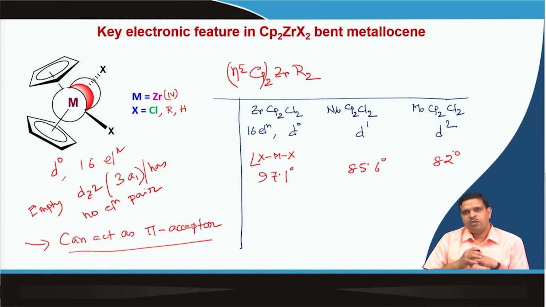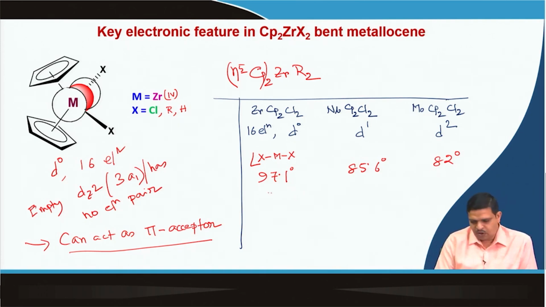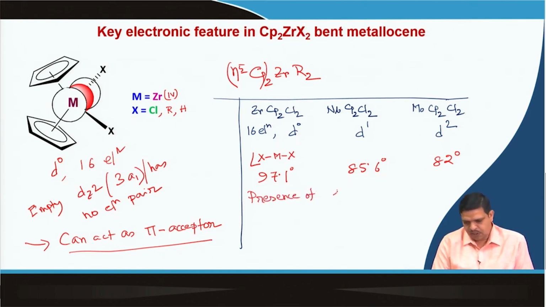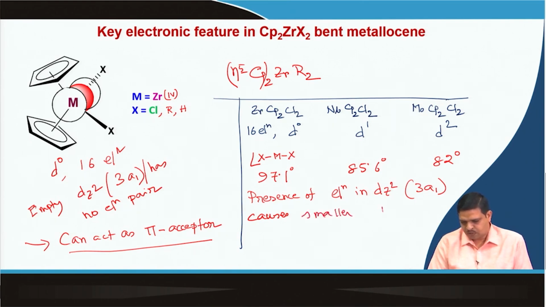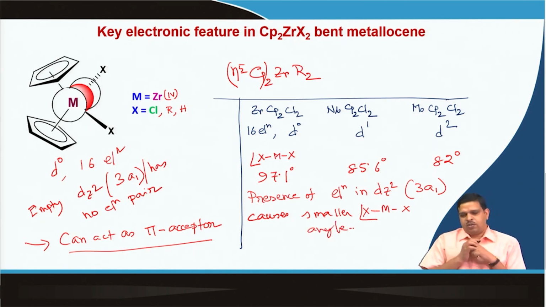Can you correlate? Yes, you are right, the presence of electron in the dz square like orbital, that is the 3a1 orbital, causes a smaller X-M-X angle. So, this is also important.